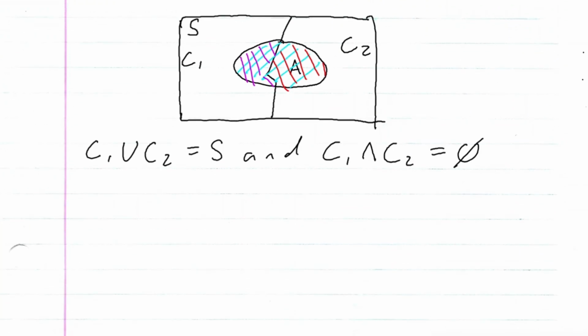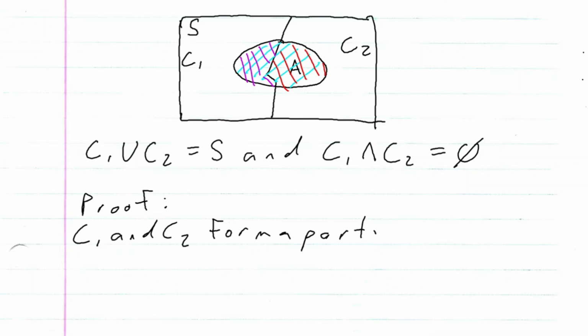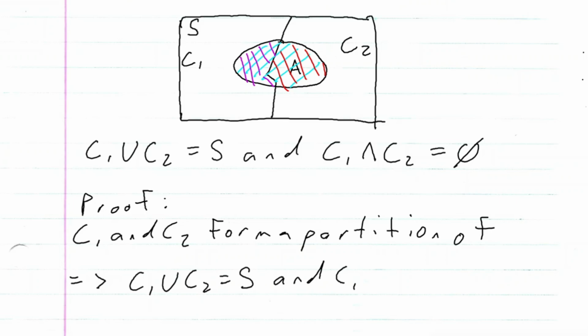All right, so proof. The first thing is we know C sub 1 and C sub 2 form a partition of S. So this implies that C sub 1 union C sub 2 is equal to S, and C sub 1 intersection C sub 2 equals the empty set.